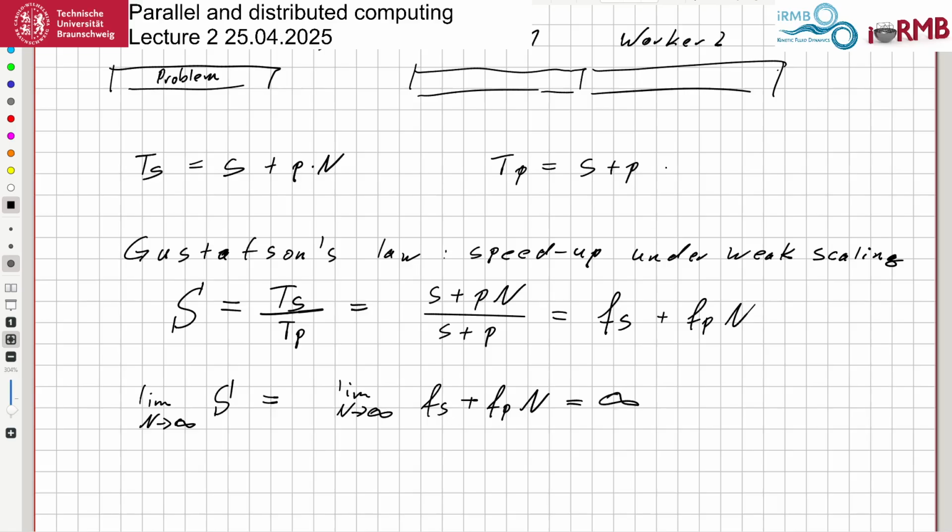So if you have a weak scaling problem, where you increase the amount of work that your workers have to do, then this can speed up your result indefinitely, so you can get to an infinite speed up. This is possible in weak scaling, but this is not possible in strong scaling.